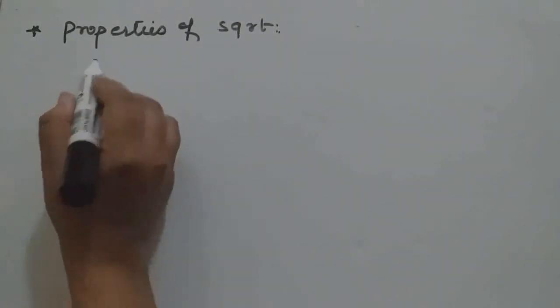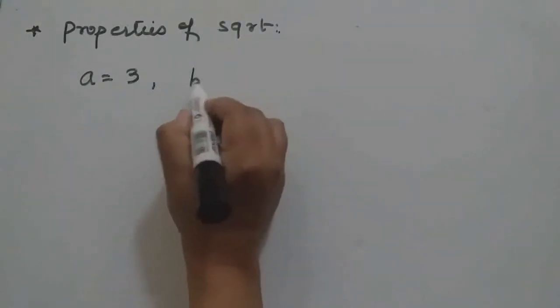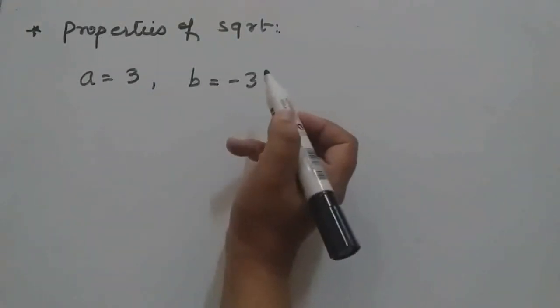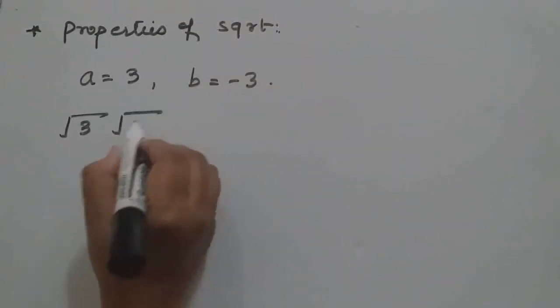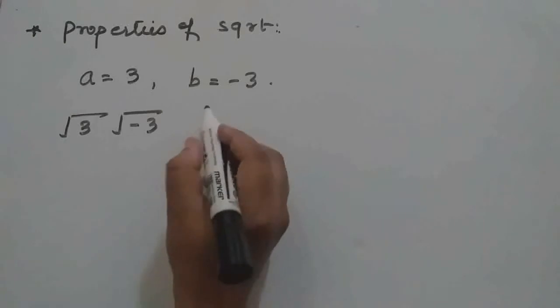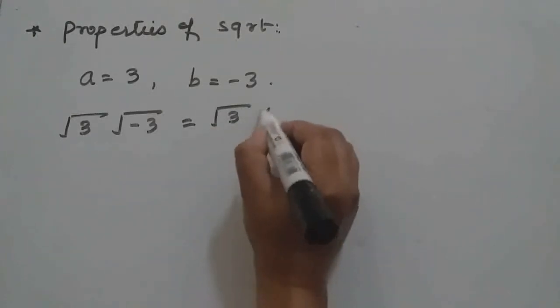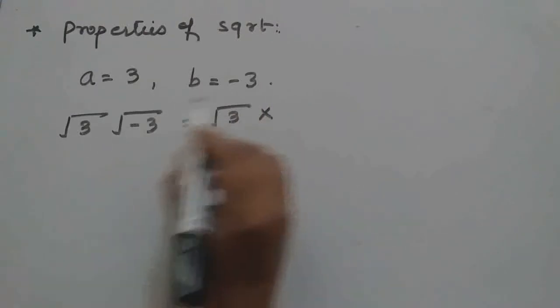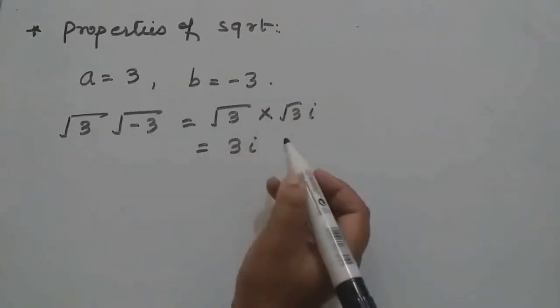Suppose a is 3 and b is minus 3. Okay, so we can write root 3 into root minus 3. So root 3 into root 3 i will give 3i. So the answer will be 3i, isn't it?